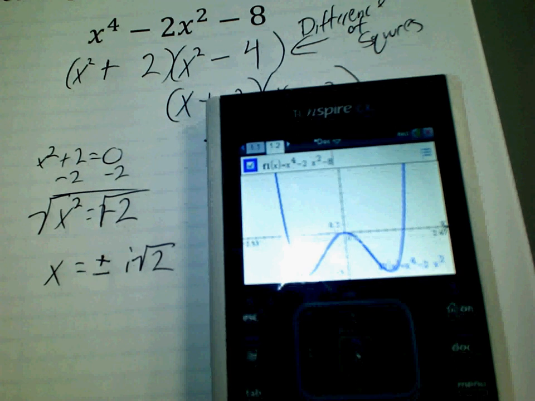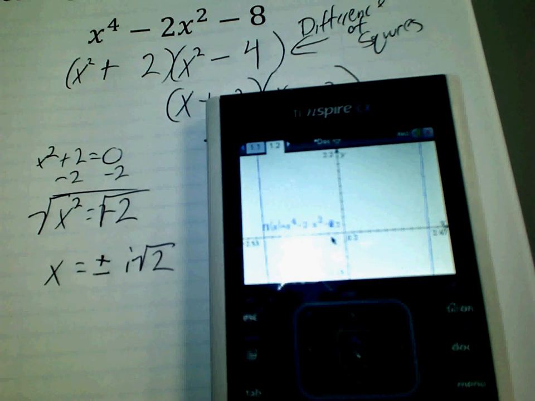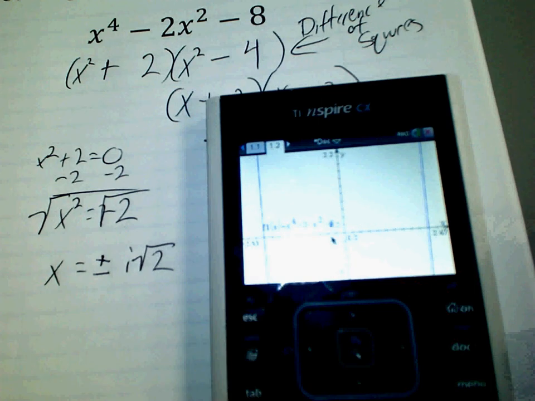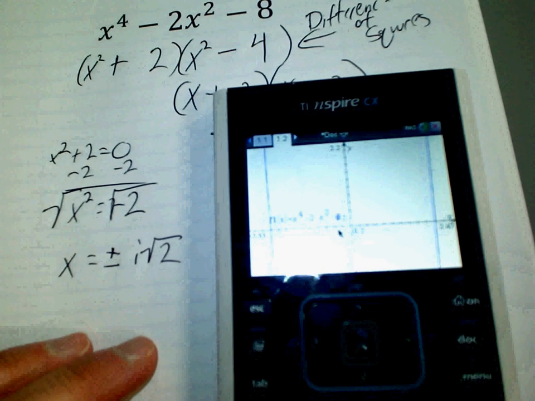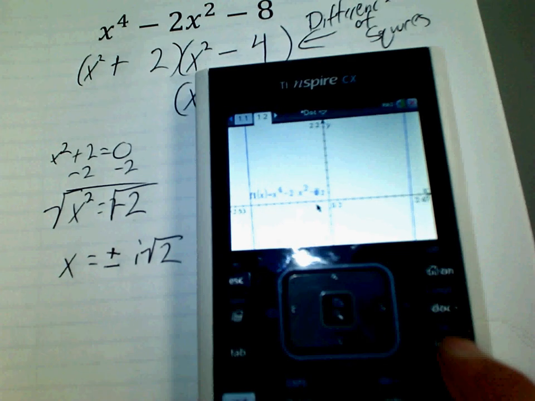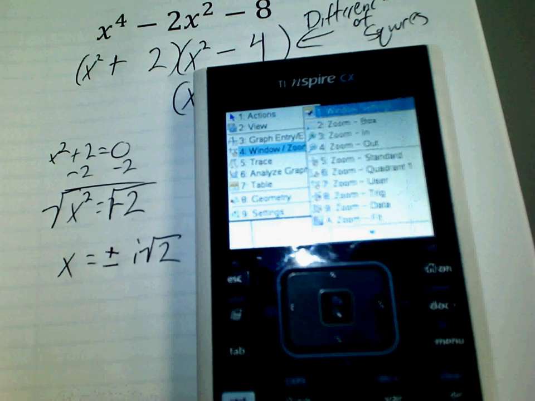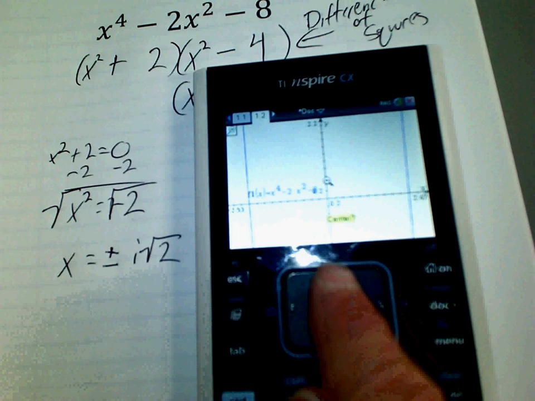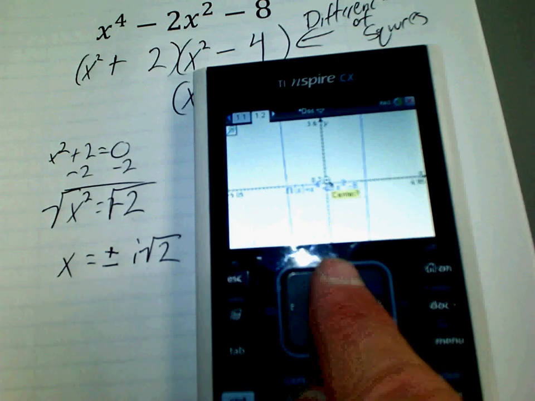I don't see it all. Let's zoom out. Menu, 4. Kind of saggy in the middle there, isn't it? There we go.